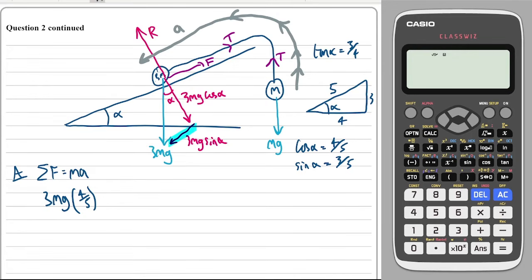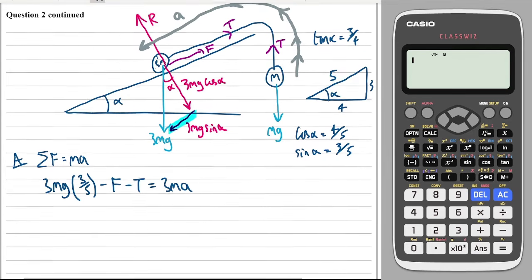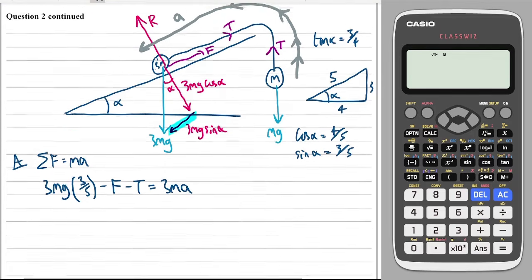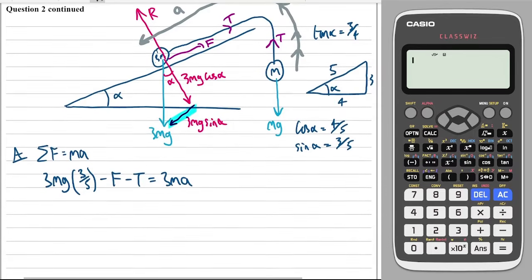Great. Next, oh, sorry, whoopsie, sine alpha, which is 3/5. And we've also got friction going the wrong way and tension going the wrong way. And that's going to equal the mass multiplied by the acceleration. There's our equation of motion for A. That's part A of this question. Part B is to work out the acceleration in general.